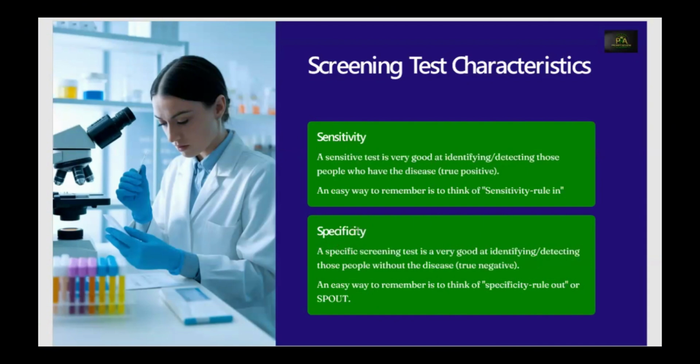But specificity is very good at identifying those without the disease. So the people without the disease is specificity. But people with the disease, so the people that have COVID-19, is sensitivity. But people without it is specificity.